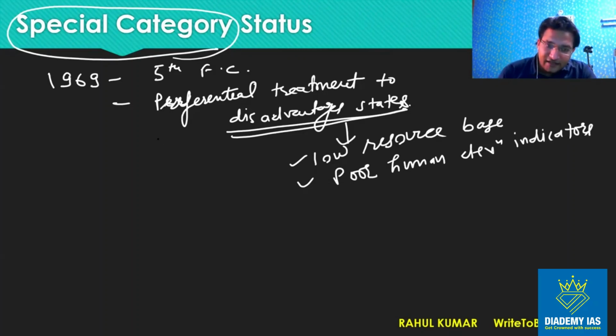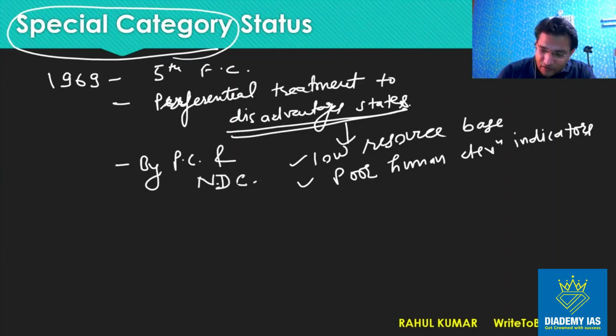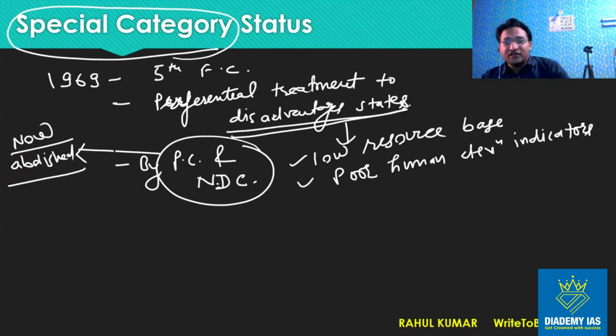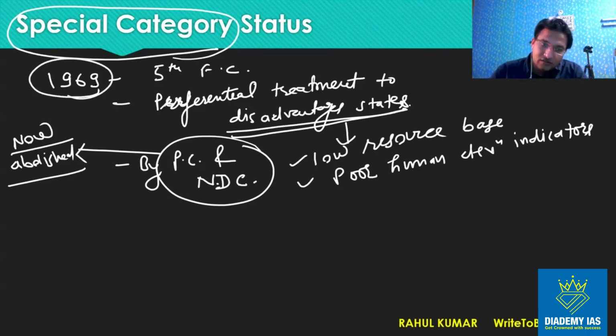This special category status was given by the Planning Commission and National Development Council. This Planning Commission and National Development Council have now been abolished. So now this is not there. They have been abolished after Niti Aayog came into existence, right? So this is the origin.